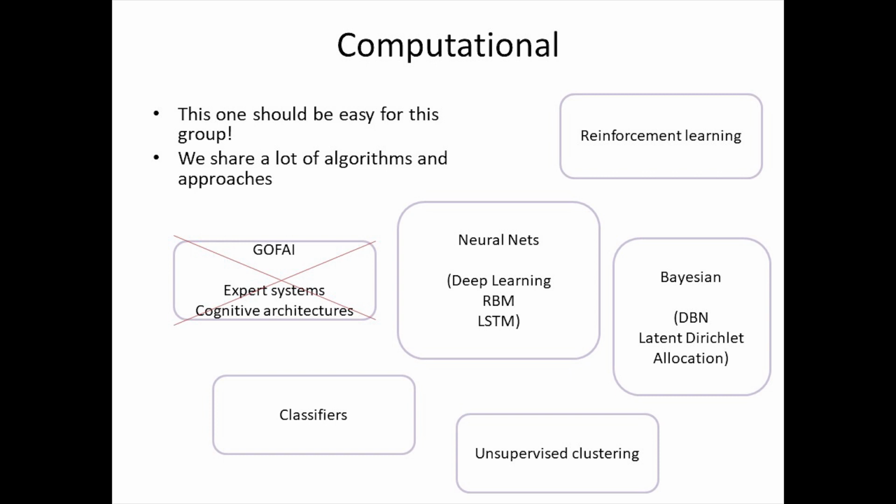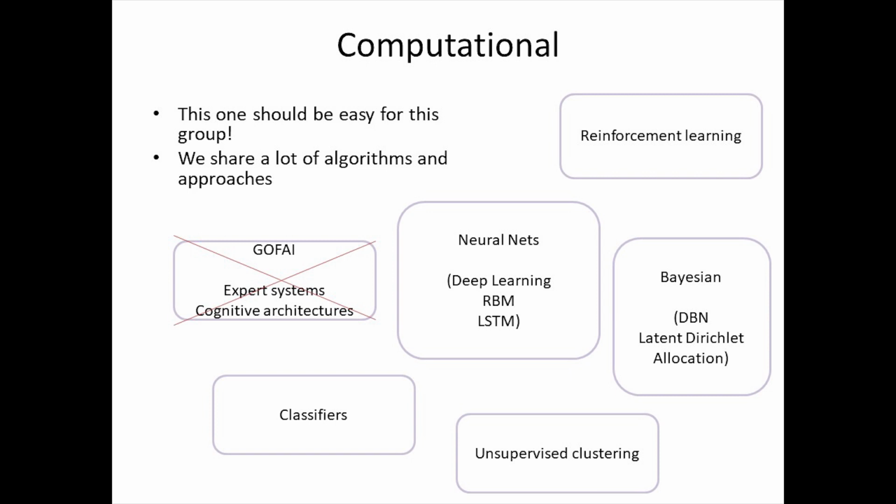In terms of the tools we use, I've been working with neural networks, deep learning neural networks, restricted Boltzmann machines, long short-term memory, reinforcement learning. Also, I do some Bayesian modeling, especially the temporal aspects, dynamic Bayesian networks. Classifiers, maybe not quite so much. I do some unsupervised clustering.